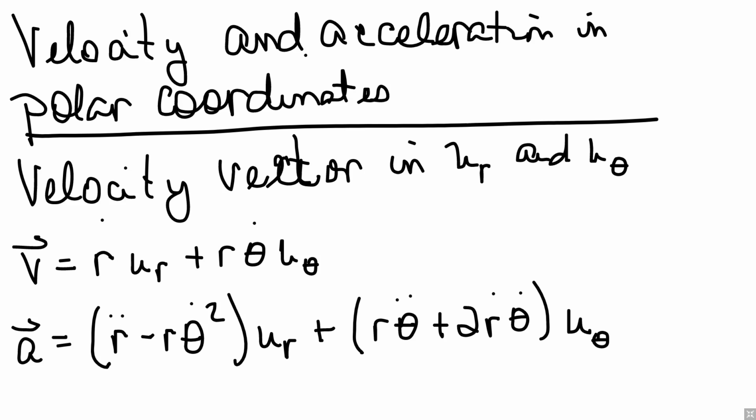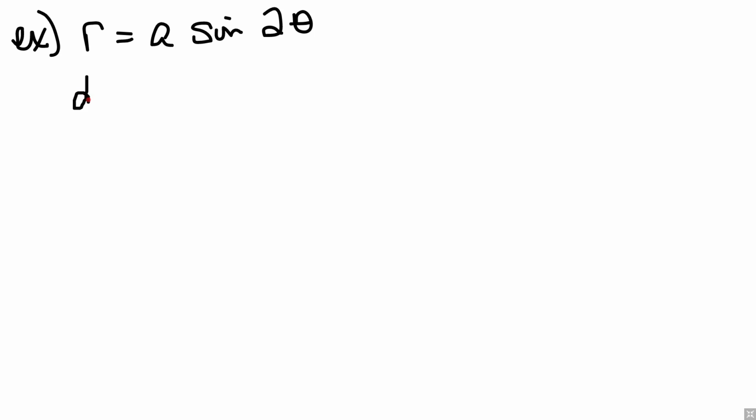Okay, so let's take a look at a first example. All right, so our first example, we are told that r is defined as a sine of 2 theta, and that d theta dt is equal to 2t.